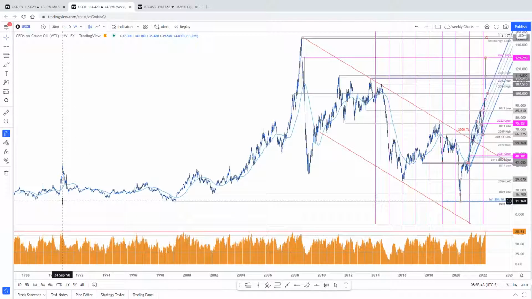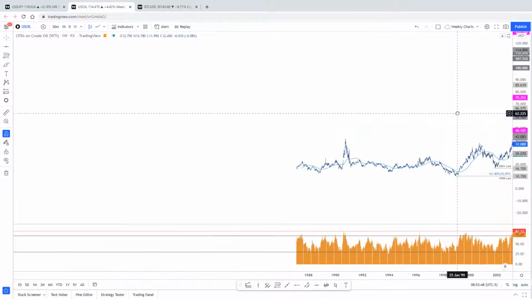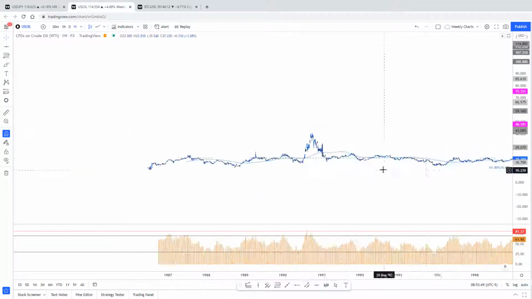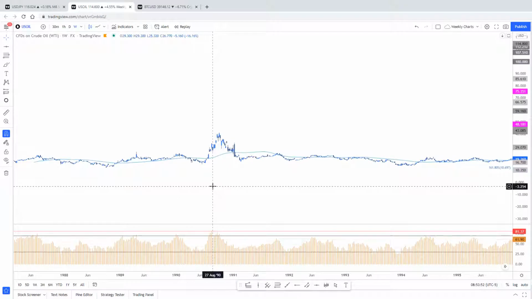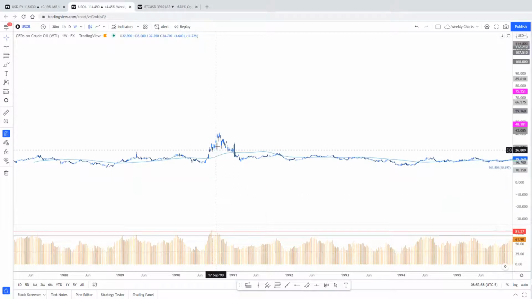All right, cool. So momentum ran. What does that mean? If we look back into that 1990 time period, after prices registered that 80 plus read on momentum, we got a couple of weeks of consolidation, a couple of weeks of capitulation.